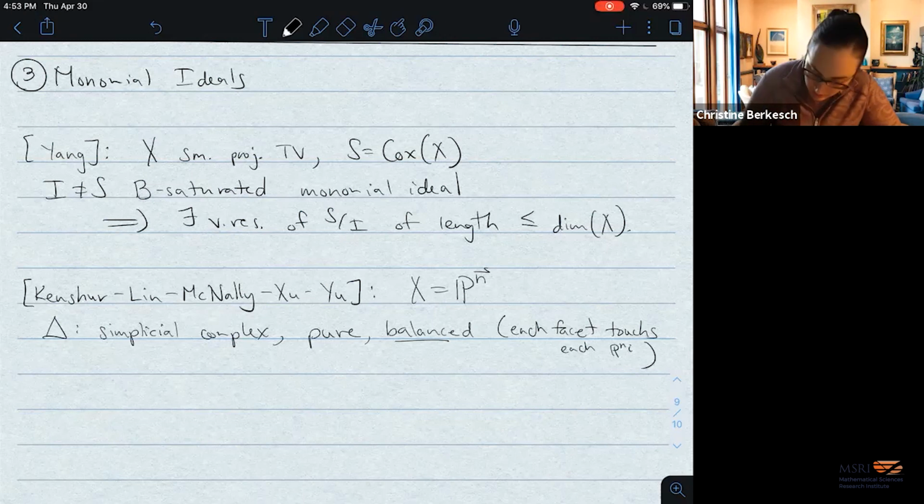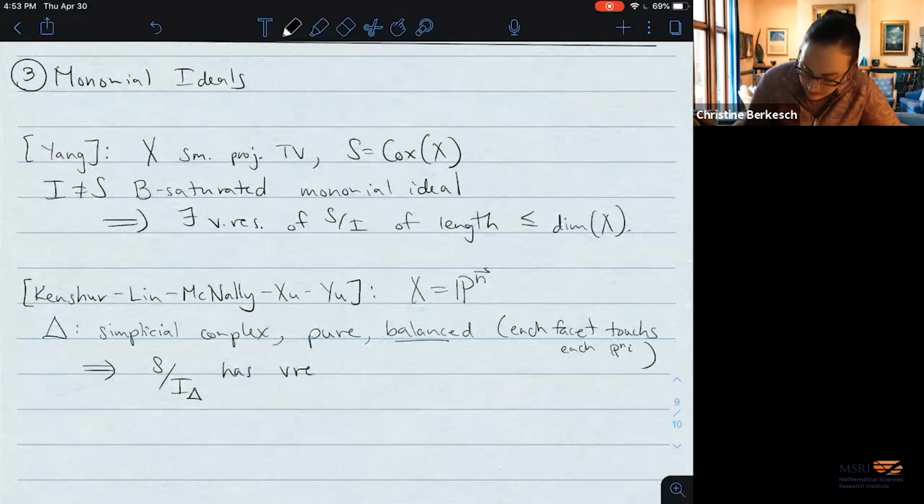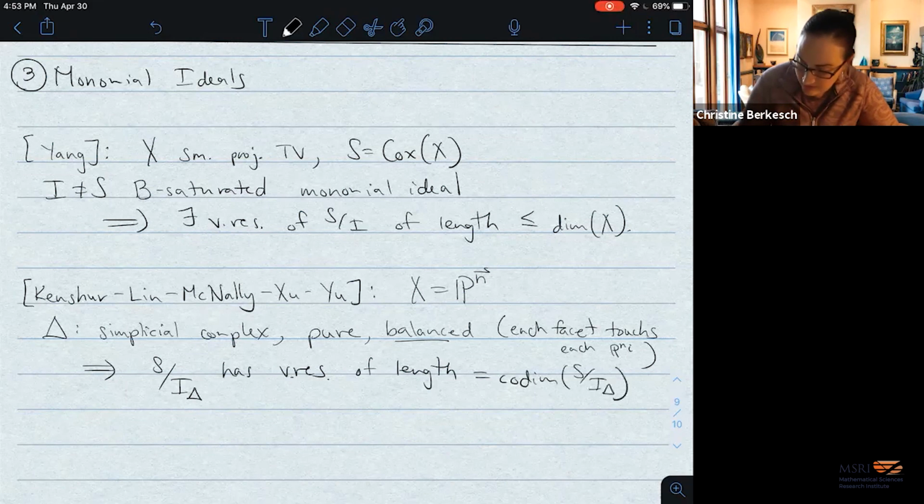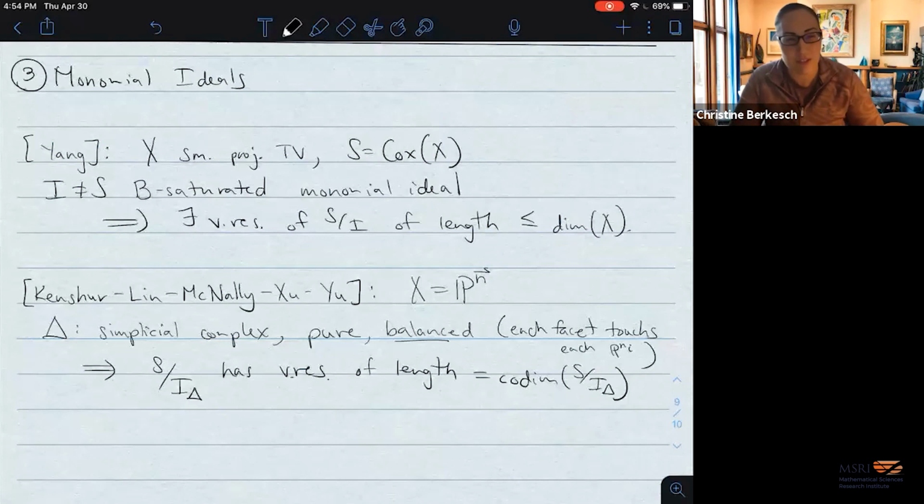Okay, so in that case, it turns out that you can actually find a virtual resolution for the Stanley-Reisner ring of length equal to the codimension of S mod I_Delta. So in that sense, I like to think of that as being virtually Cohen-Macaulay. The free resolution could be quite a bit longer, but once you move to the virtual world and add irrelevant homology, then you can find something that shortens all the way down to the minimum possible.